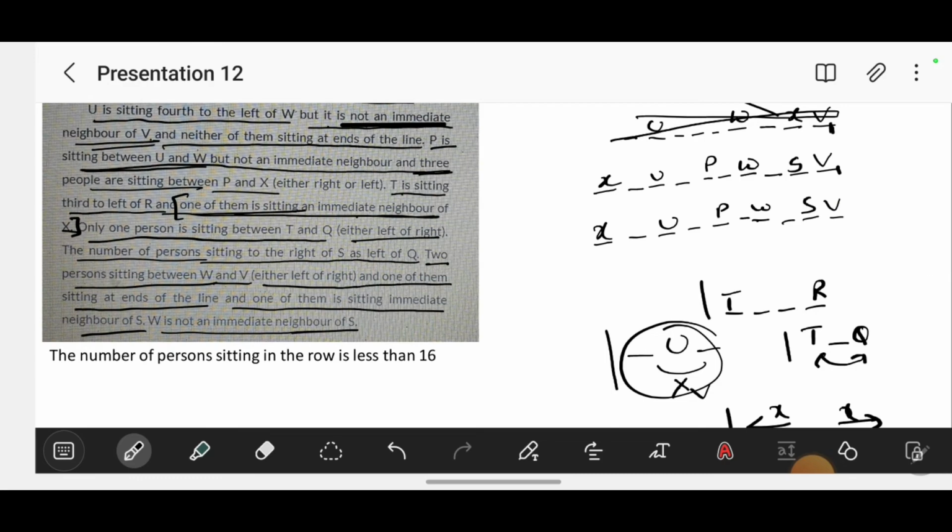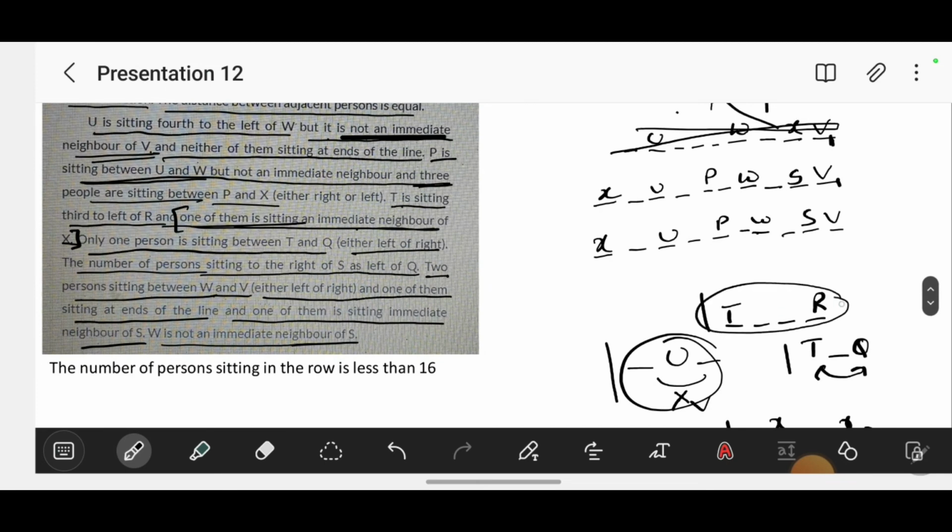Either T or R is an immediate neighbor of X. If you take T here, R should be here, but P is already here. So that case is not correct. Next, if you take T here, then R should be here. R is already there, so that is also not correct. So R should be the immediate neighbor of X. In one case you take R here, and in the other case you take R here. If R is here, T goes here, and here also T goes here. This case happens.